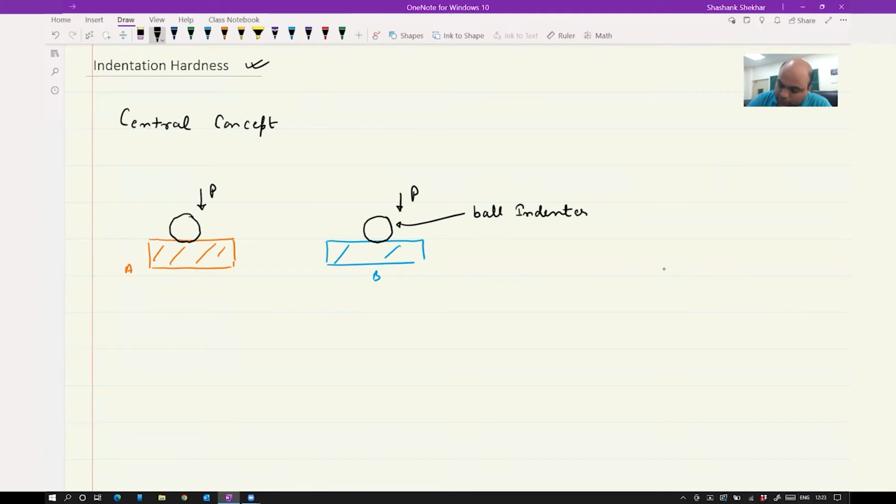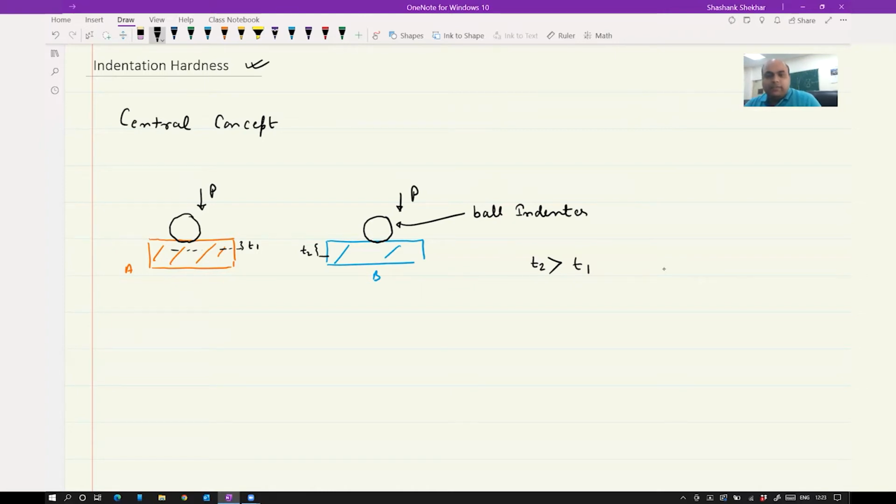Suppose in alloy A it went to a depth of say T1, and in alloy B it went to a depth of T2. Now we know that T2 is greater than T1.